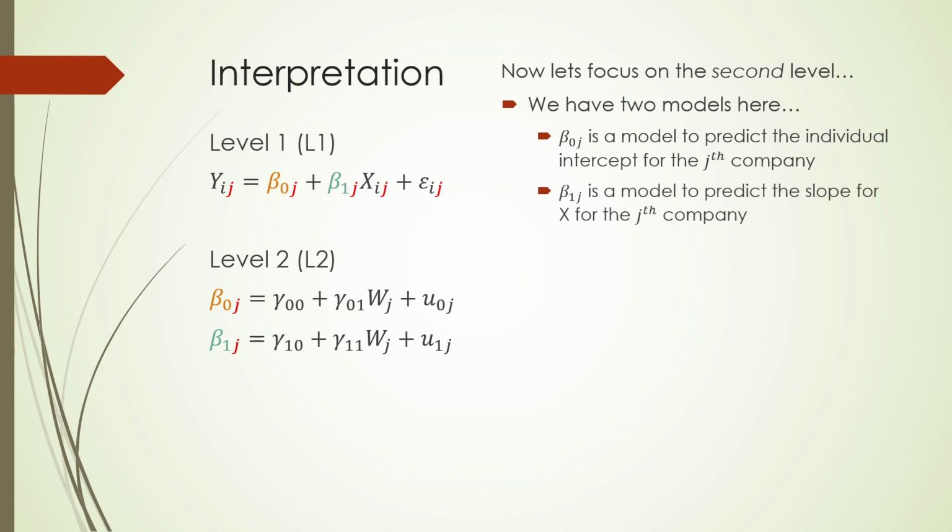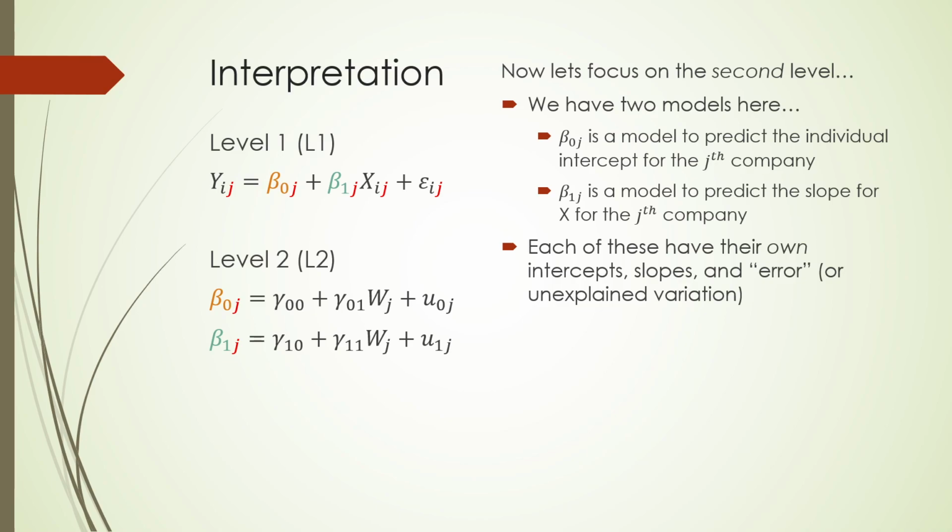Beta 1 is a model to predict the slope for x. Again, if that sounds complicated, think about it in terms of the context. That's the skill compensation. As you increase in skill, how much are you compensated for that? Different companies might compensate you more or less as your skill increases. So beta sub 1j tries to predict, for the jth company, how much your pay is going to increase with skill.